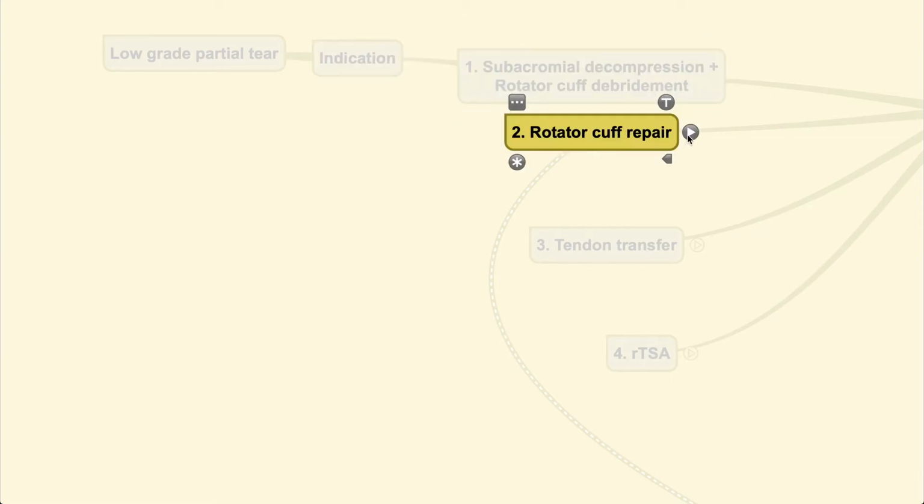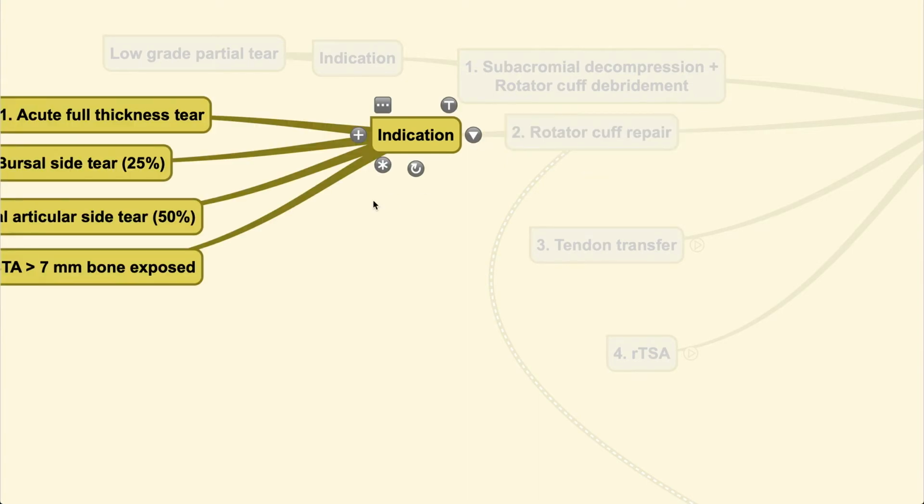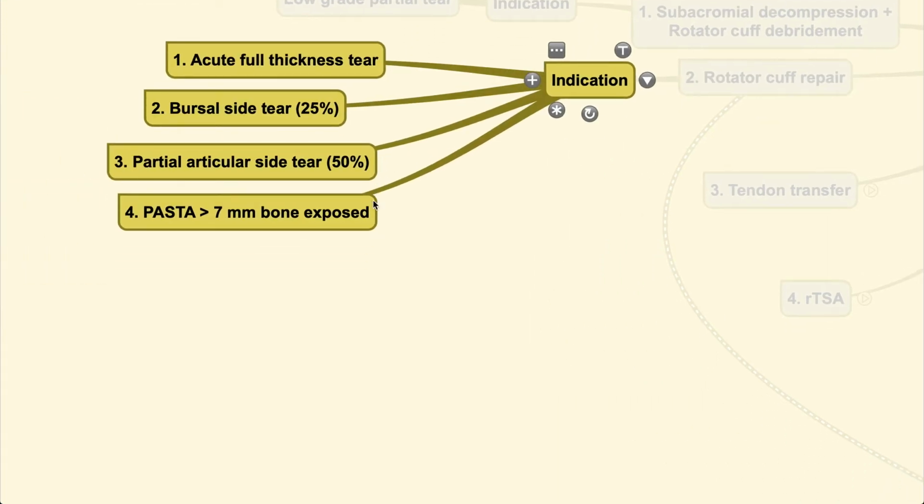The next would be the rotator cuff repair. Rotator cuff repair also has specific indications, which include acute full thickness tear, 25% bursal sided tear, or 50% partial articular sided tear.